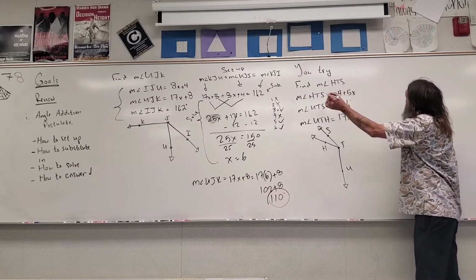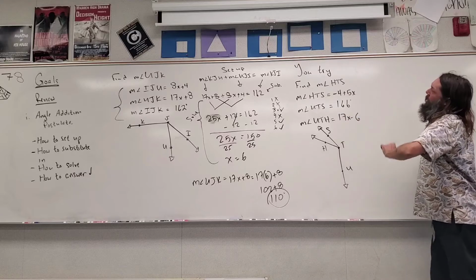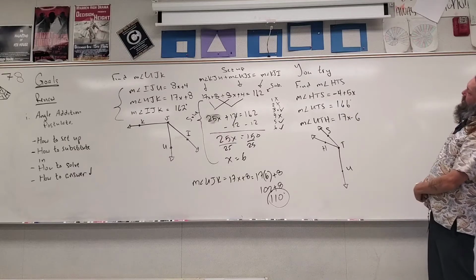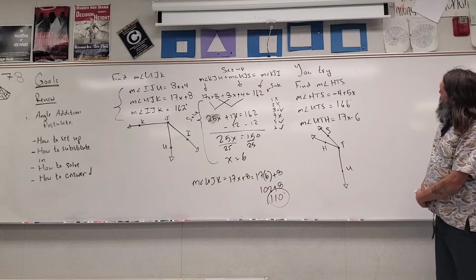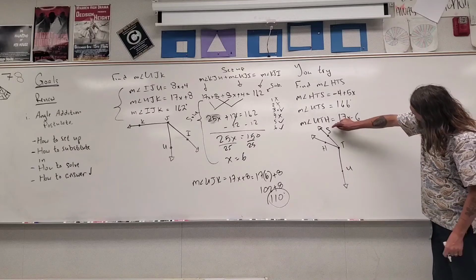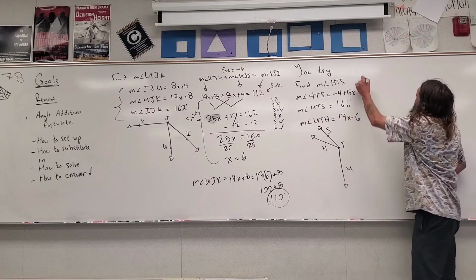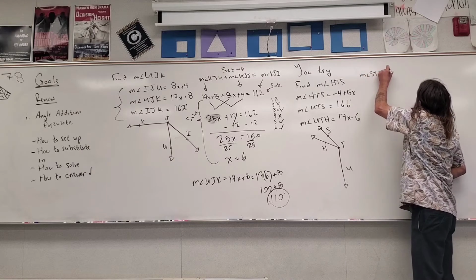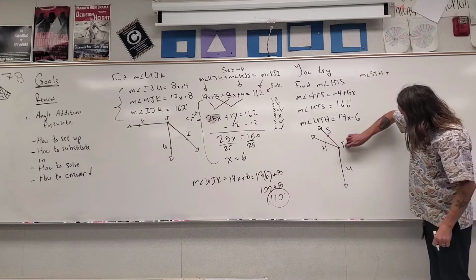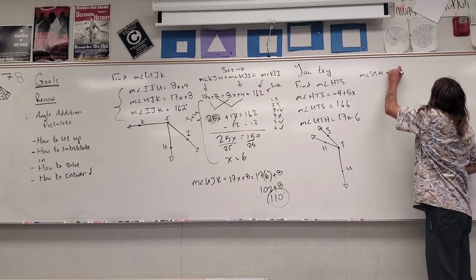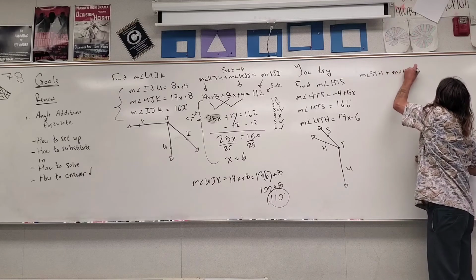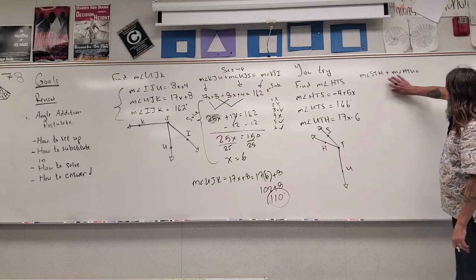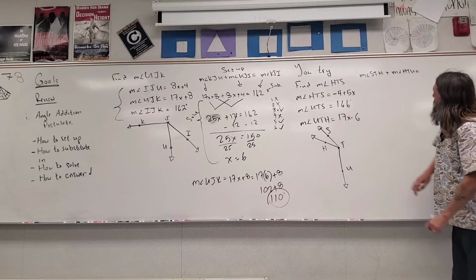All right, so I'm going to set up using the angle addition postulate. So I can say that the measure of angle STH plus the measure of HTU, both of these angles open up as much as STU.